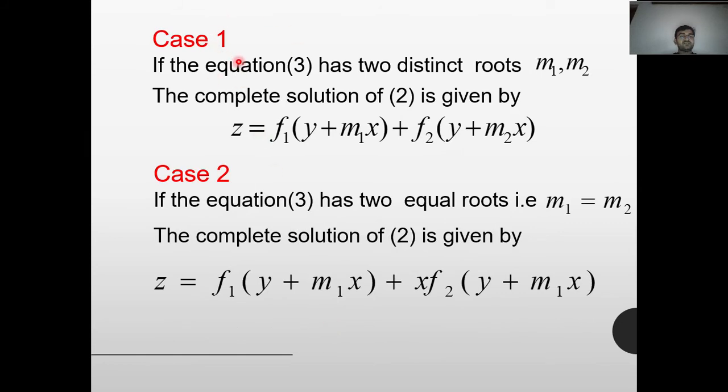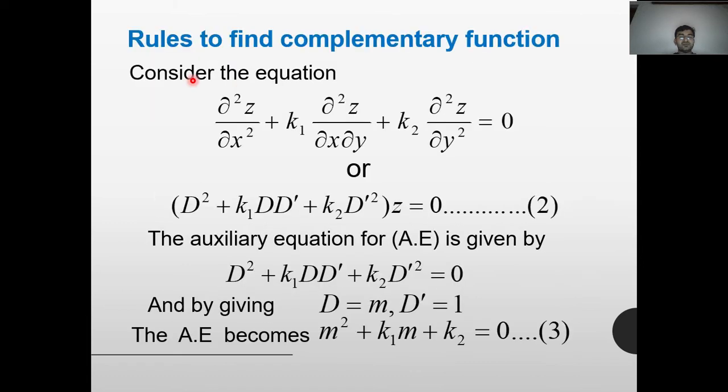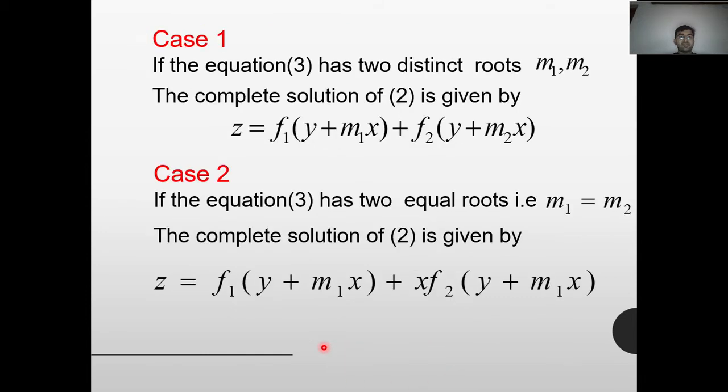First case: the equation m² + k1 m + k2 is equal to 0 has two distinct roots m1 and m2.